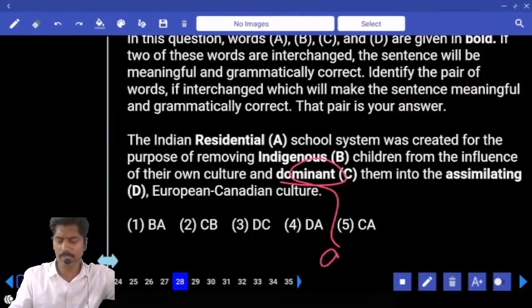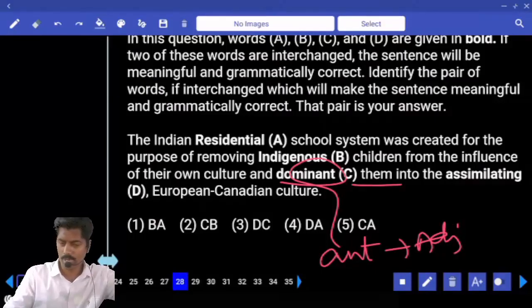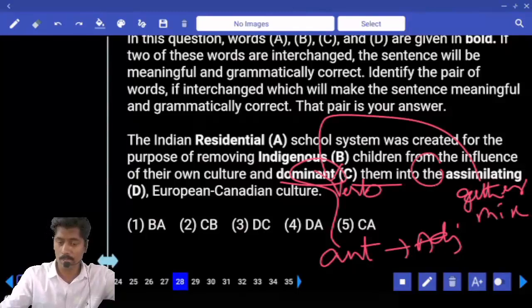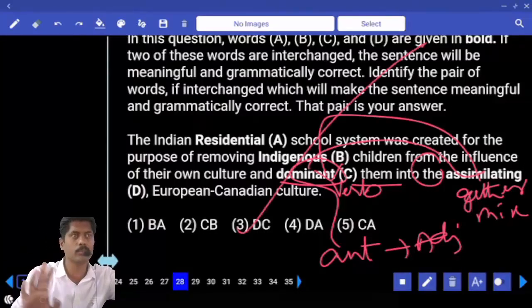Dominant, if a word is ending with A and D, it is an adjective. Adjective them, happy them, active them, strong them, no. Only verb them will be possible. Assimilating means gathering, combining, mixing. Assimilating them into the dominant European Canadian culture. CD have to be changed to DC, third option.